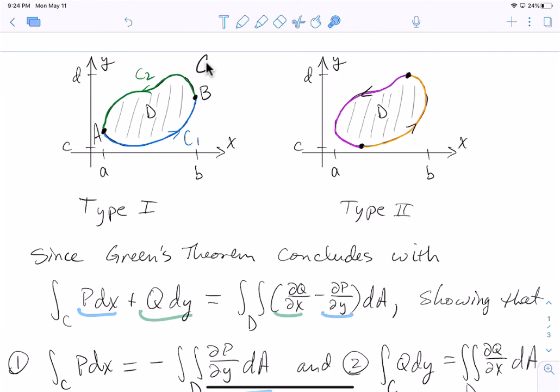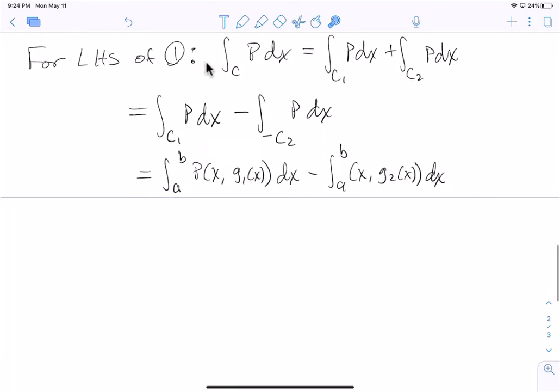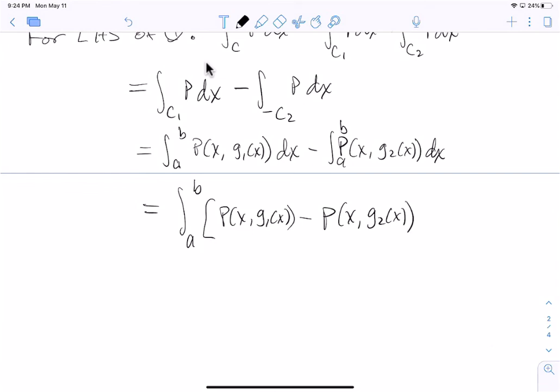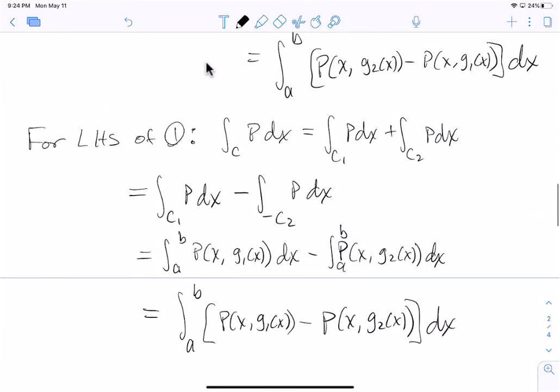So reversing the limits gives us the negative of the integral. And because those limits now match, we can combine these into a single integral. That integral being the integral from a to b of P of x, g1 of x minus P of x, g2 of x dx.